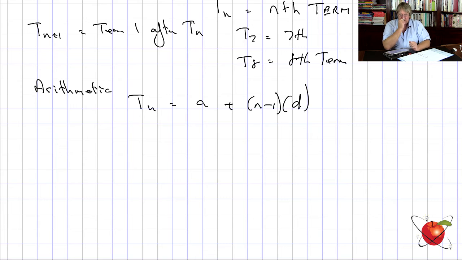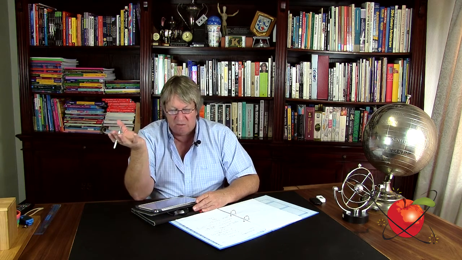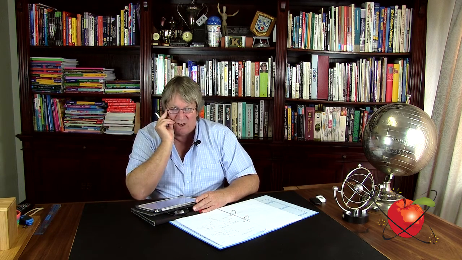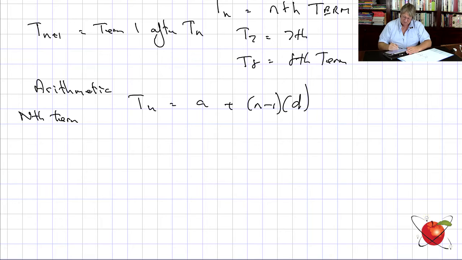Tn is the formula for the nth term. If I can work out a general formula, I just substitute n in if I want the 7th or the 12th or the 50th term, don't I? What is a? A is always the first term. It is T1.